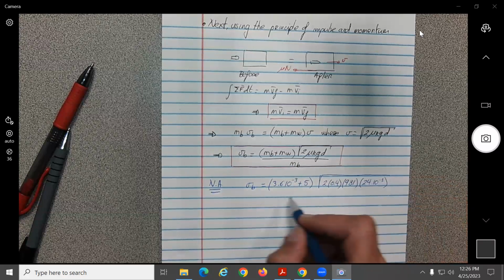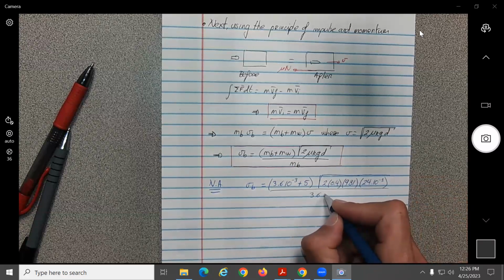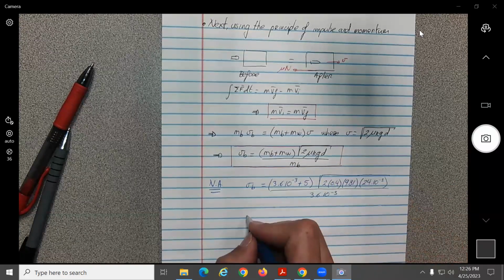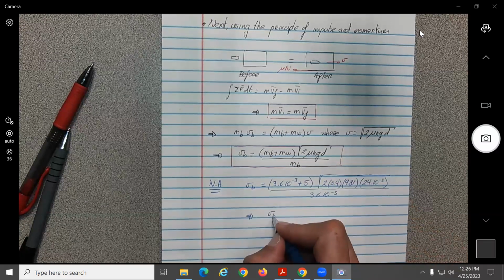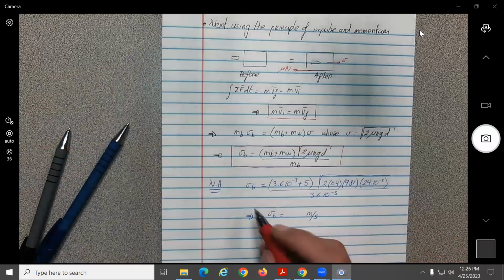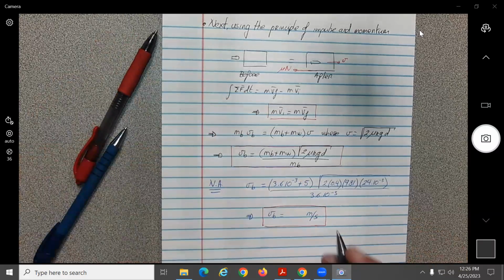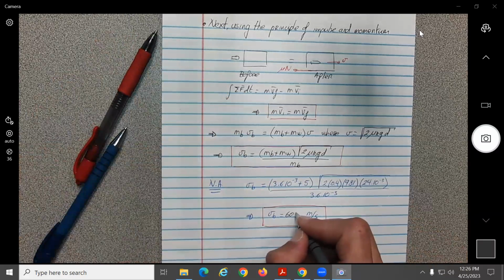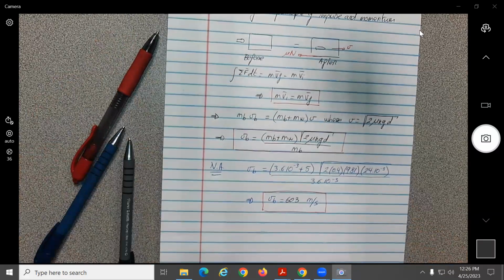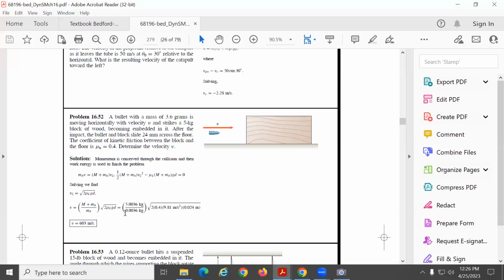And all this divided by 3.6 times 10 to the negative 3. How much? 603. The answer makes sense. So I think that's what they did in the end. Let's check, but hopefully it's what they did. Otherwise I will be completely lost.